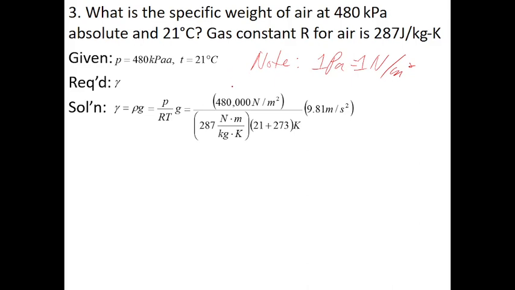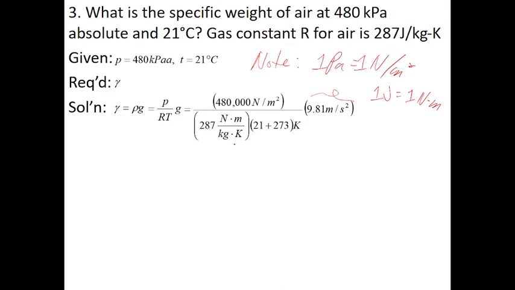And then I have the acceleration due to gravity, the standard value that we're going to use, 9.81 meter per second squared. Then we have the gas constant of 287 joule per kilogram Kelvin. Take note that 1 joule is 1 Newton meter, that's why it becomes Newton meter.